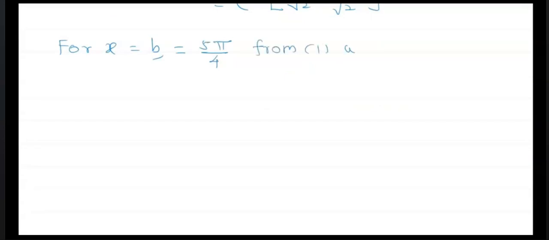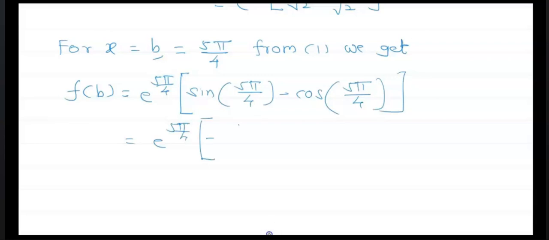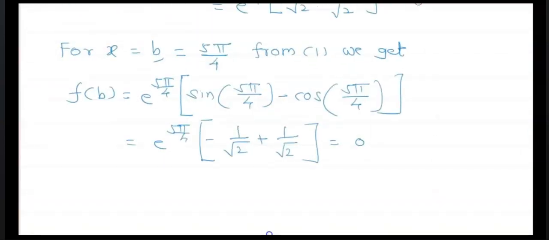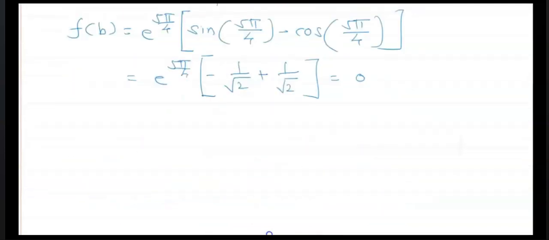that is 5 pi by 4. From 1 we get f of b is equal to e raised to 5 pi by 4 in bracket sin of 5 pi by 4 minus cos of 5 pi by 4. Its value is minus 1 upon root 2 plus 1 upon root 2.